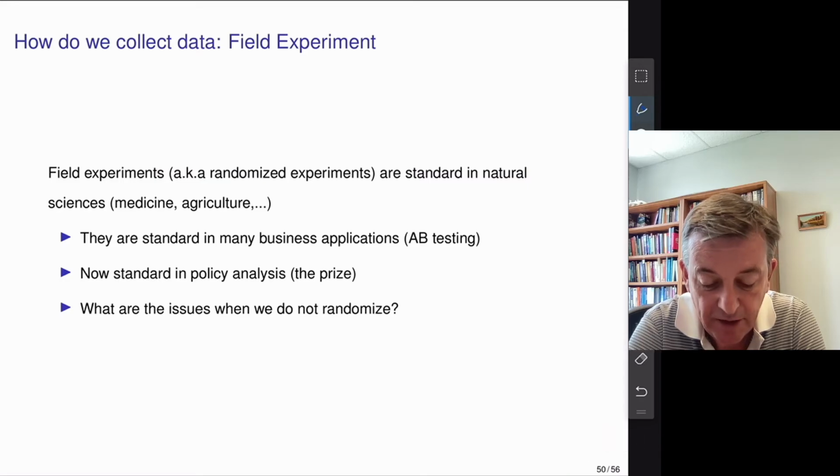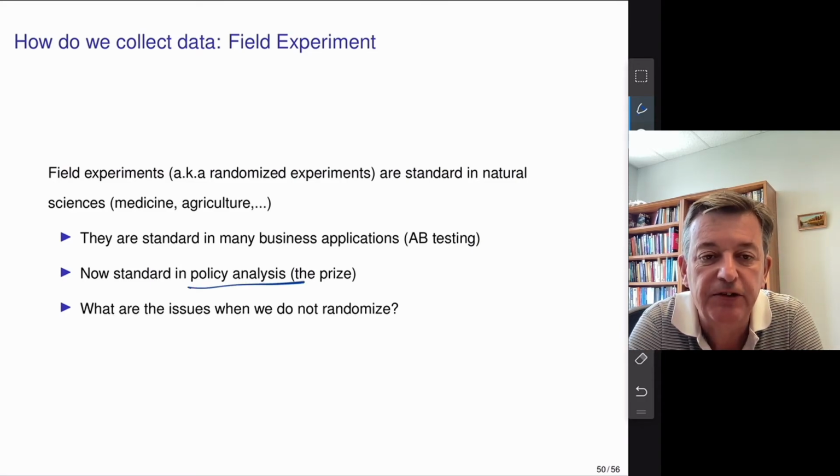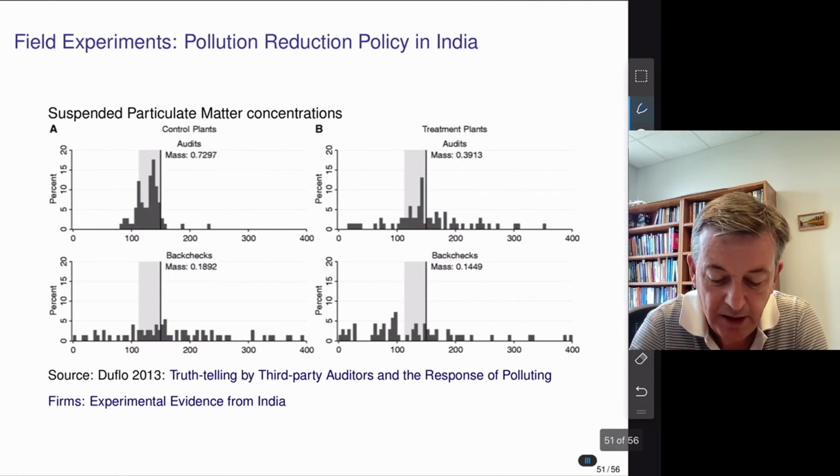So how do we collect field experiments? Randomized clinical trials are becoming standard in medicine, in agriculture, and now in policy analysis. And there are lots of issues about randomization that come into these trials.